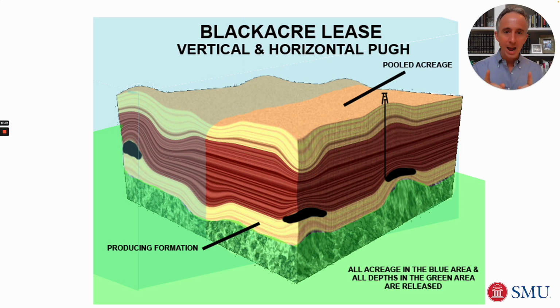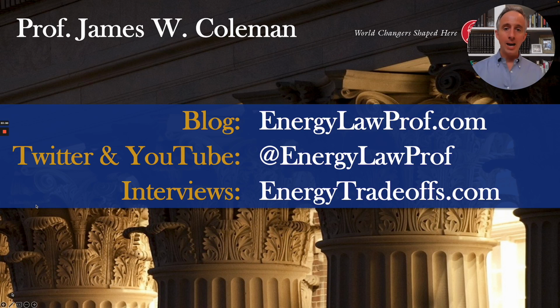So if I have that vertical and horizontal retained acreage clause, effectively what that says is the oil and gas company only gets to keep the acreage and the depths that they are actually producing, because we are going to sever this lease both vertically to give me certain acreage back and horizontally to give me certain depths back. And that's why that can be a very powerful tool in ensuring that the oil and gas company goes ahead and produces all the oil and gas on your property from each reservoir, or else gives you that lease back.